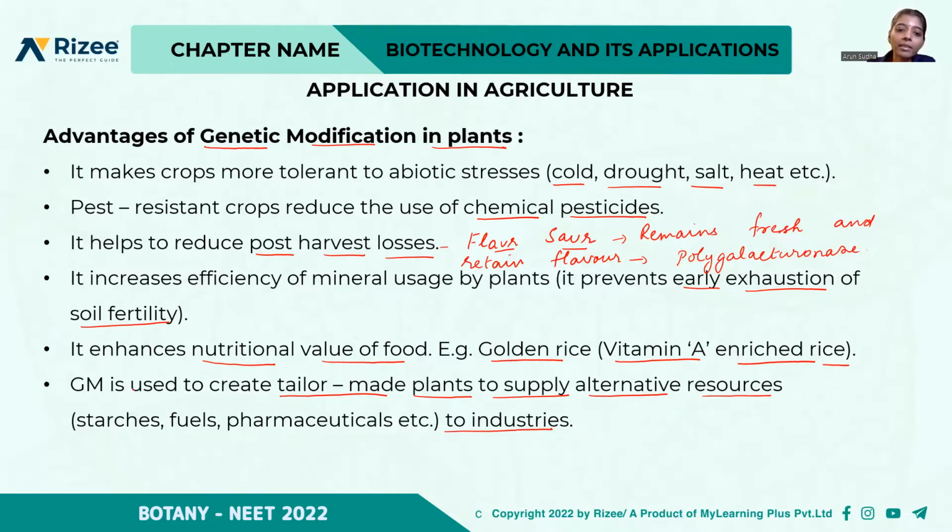These genetically modified plants act as an alternative source to industries. That is, we can produce starches, fuels, and it also helps in the production of pharmaceuticals. So these are the advantages of genetic modification in plants.